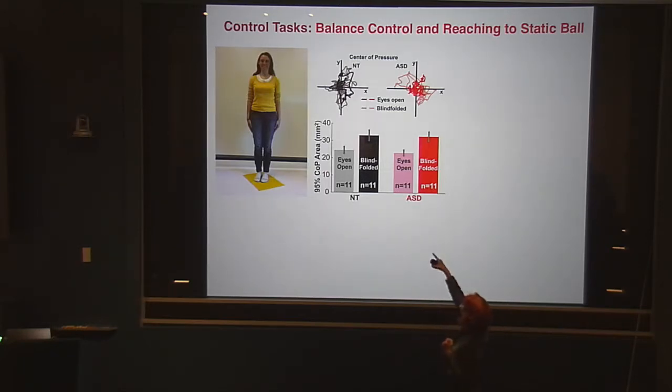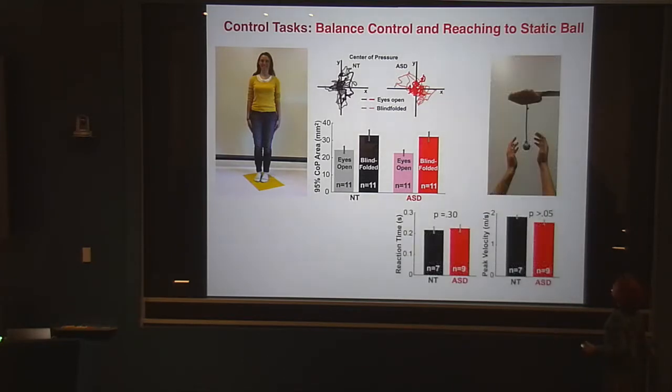Left and right are one exemplary neurotypical in black and an autistic child in red, and there is no difference. That is shown again in the population data: neurotypical in gray, eyes open, blindfolded. Yes, there is an increase, but it is very parallel in the ASD children, meaning there is no difference in postural control without the added catching movement.